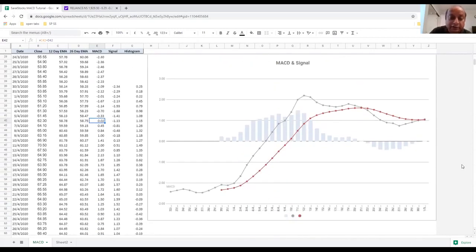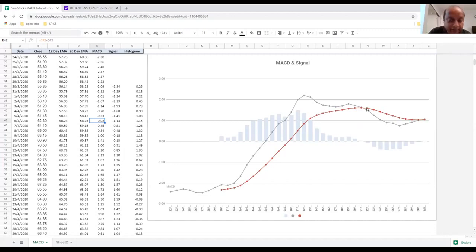So to understand that part, we take an average of 9 days of MACD values. To get the first point here, we go back 9 previous days, 1, 2, 3, 4, 5, and so on, and we plot this point here. And similarly, we plot the next point by going 9 days backwards, and then again 9 days backward, and so on. And we plot this line here.